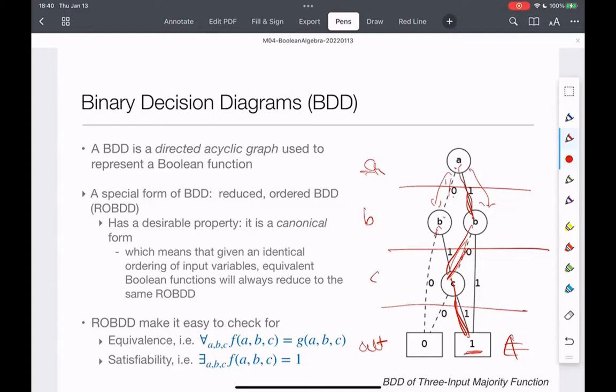The other way is to have a canonical representation, a standard representation, and convert each one of them into the standard representation and then check whether they look the same. These ROBDDs, the special form of BDDs, take that approach. They're basically saying, let's convert the function into the standard, almost canonical form, and then by definition, if the two functions are the same, they will have the same representation in the canonical form. So that's the attraction of this particular thing.